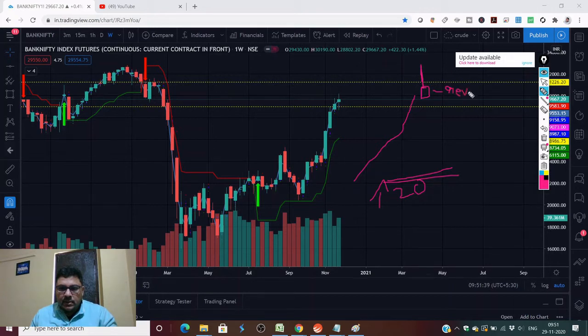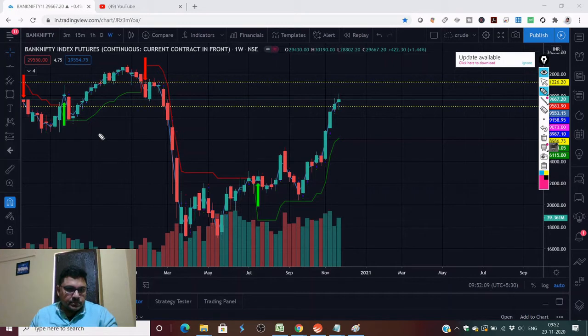Now when I say reversal, don't blindly go and short this candle. Even if you short, you will gain one or two candles, sure, but you always have to look out for volume below this candle. The volume has to be higher than the previous candles, only then is that reversal counted as a reversal.